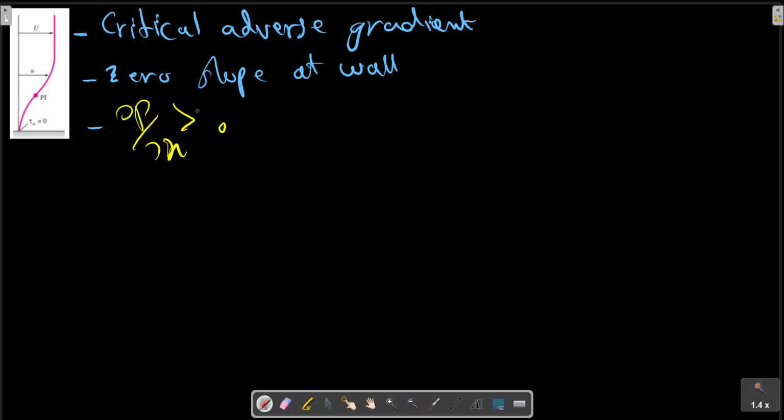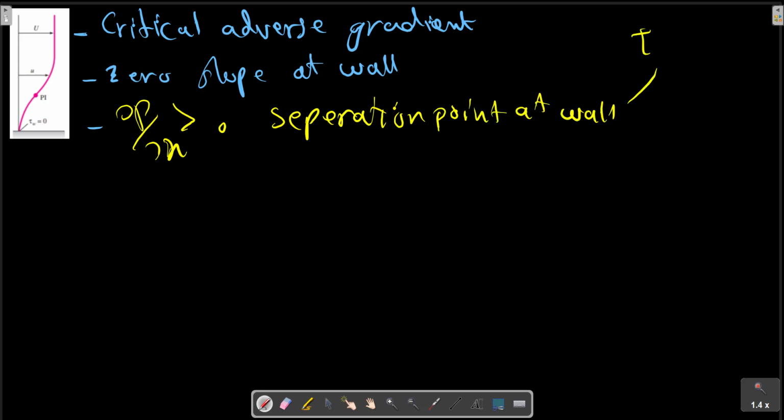It is defined as the separation point, where du/dy at the wall equals 0. Separation occurs, because any stronger gradient will actually cause backflow at the wall.